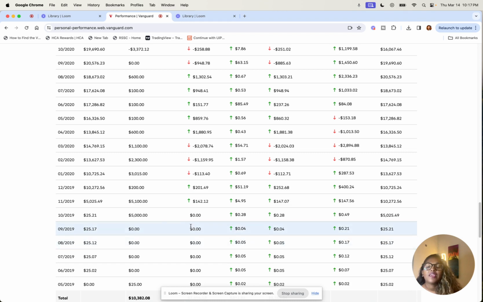Then I added this amount here, the $5,000, and that accumulated with the $25. So it brought it straight to $5,025 with the accumulation of the returns over time. As we can see here, there's a $28 gain instead. But then look at that.